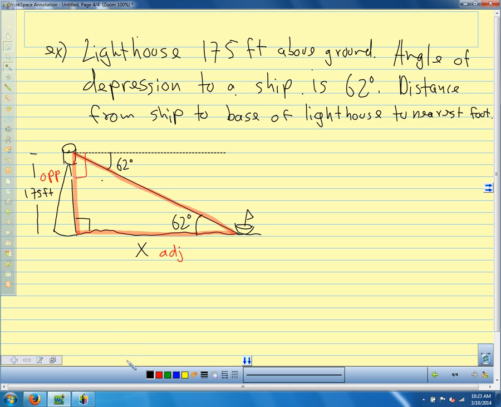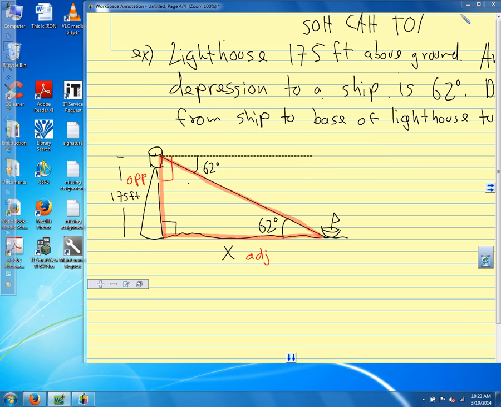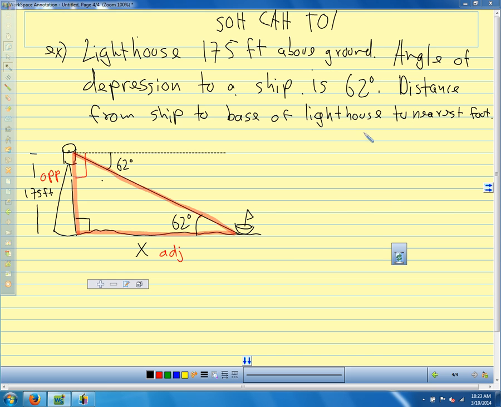Now we can write our equation. Which trig ratio tells us about opposite and adjacent? Tangent. So if it helps you out, you can write this up. So we're talking about opposite and adjacent, so we're talking about the tangent. So we write our equation.